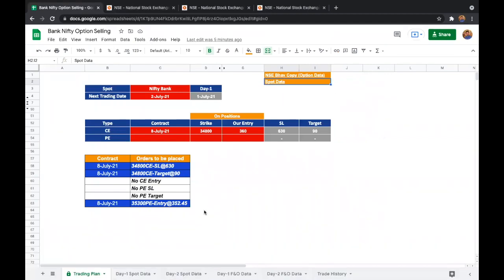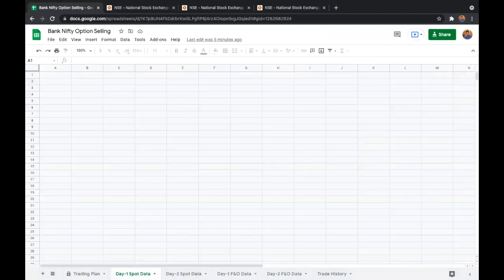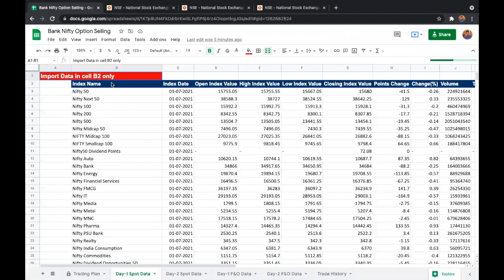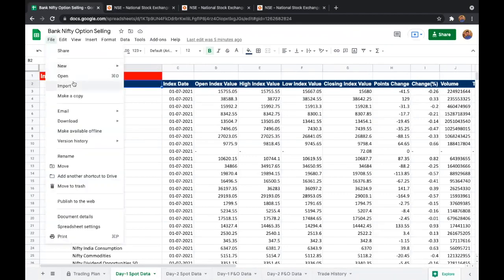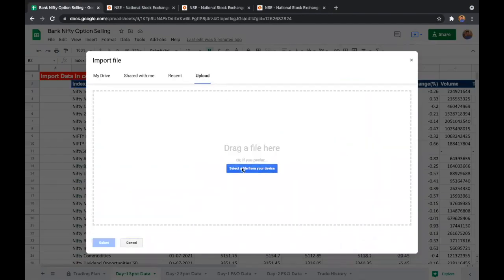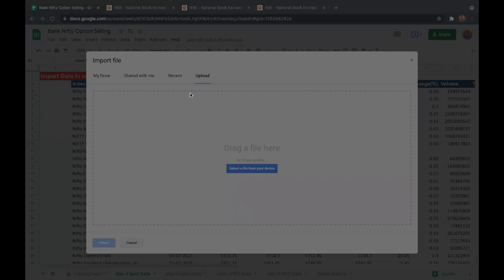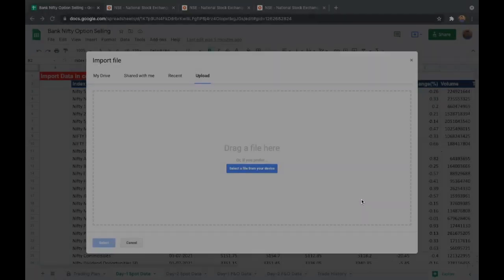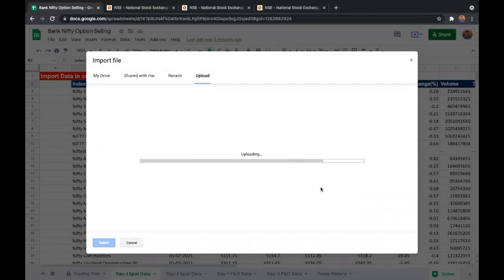Now we'll upload this data in our sheet in day one spot data, which has to be imported in cell B2 only for the formulas that are there. So we import the relevant data, just select it from our device. This is day one data, so we'll upload this.